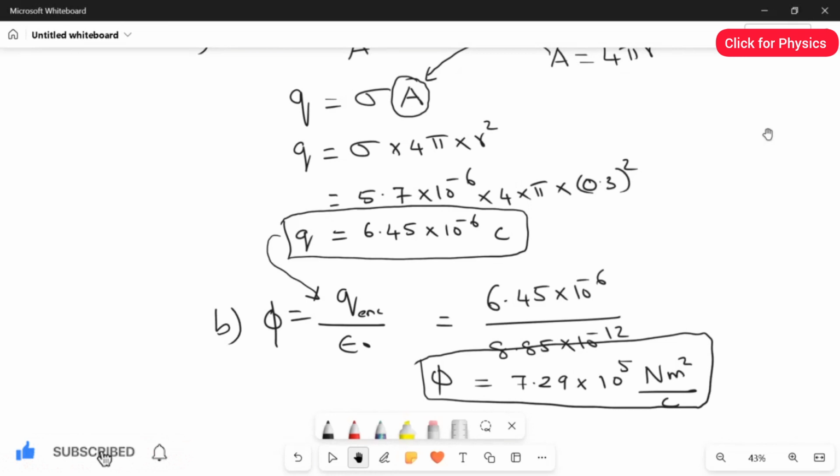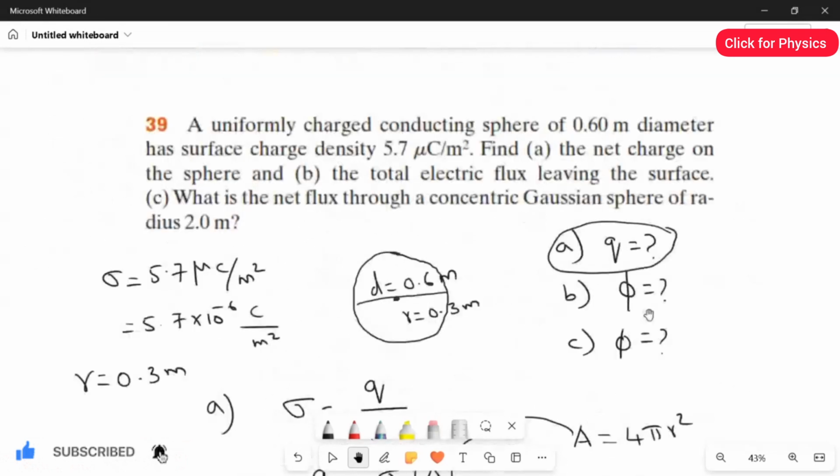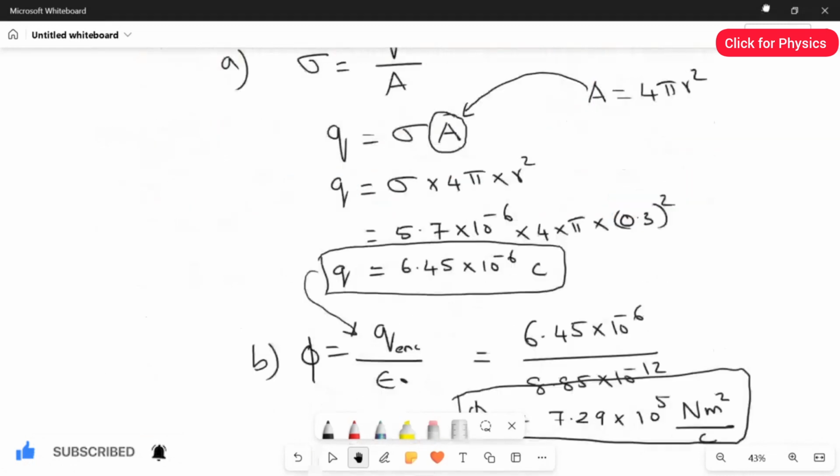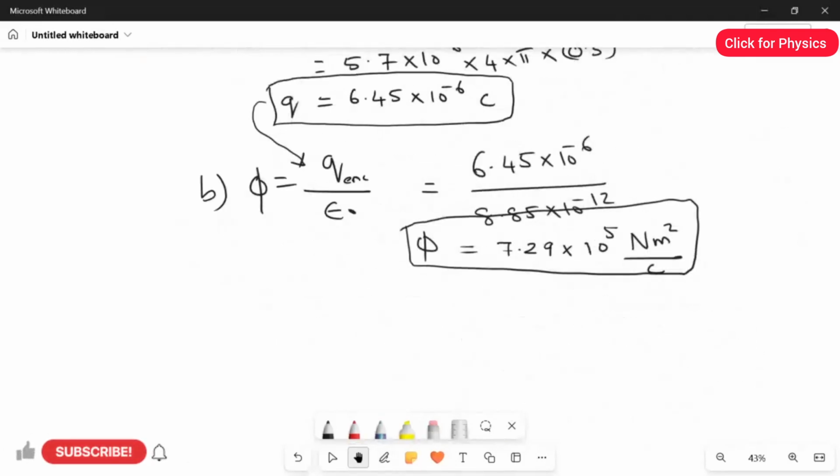Now we go back to the third question. Here again we have to find the flux, but this time we increase the radius of the sphere to 2 meter. Initially the radius of the sphere is 0.3 meter, but this time it is 2 meter. That means we increase the diameter. But if you increase the diameter, how much flux will you get?